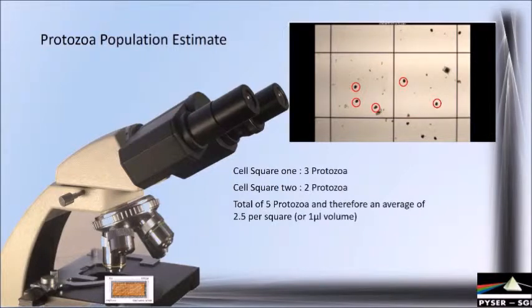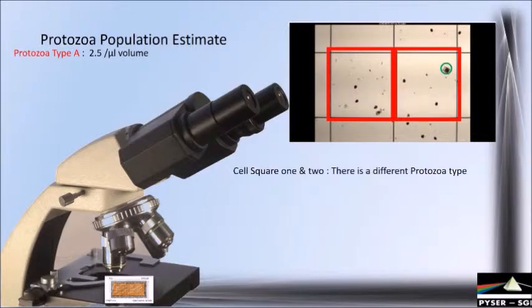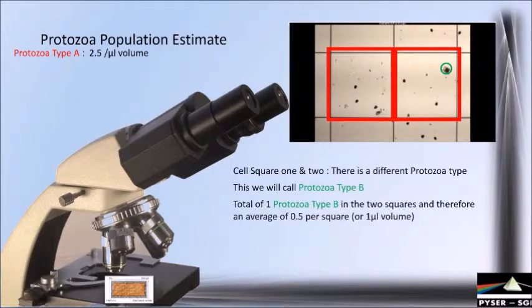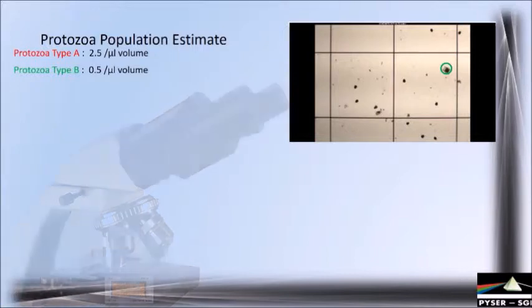You'll also note, if we look at those 2 squares, there is a second protozoa there, we'll call it type B, and the average population in these 2 squares is half a protozoa per microliter volume. So what do we do with this information?